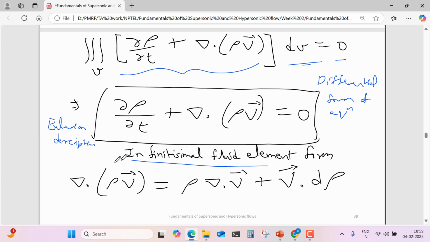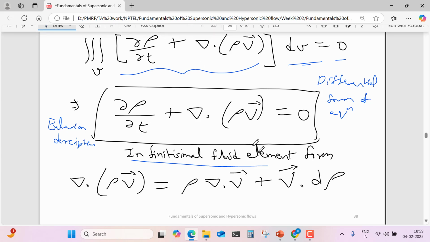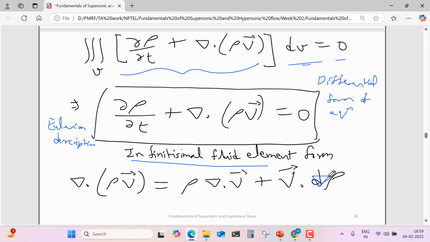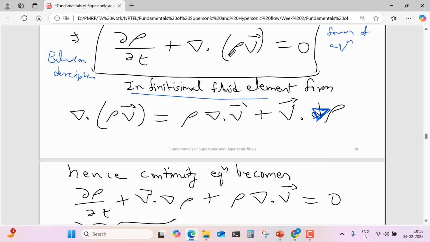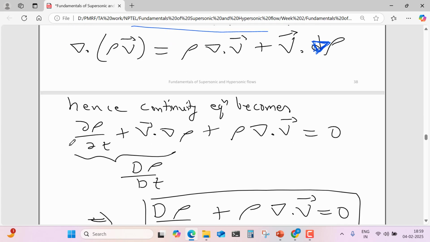So there is one vector identity: del dot rho V vector equals rho del dot V vector plus V dot del rho. We will substitute it in the equation, so it will become dou rho by dou t plus V dot del rho plus rho del dot V equals 0.